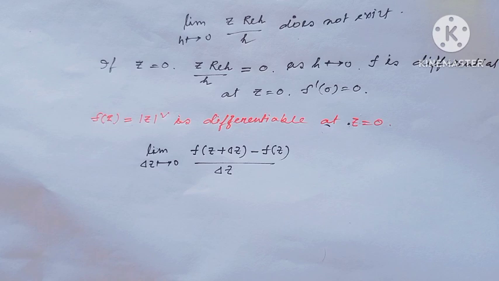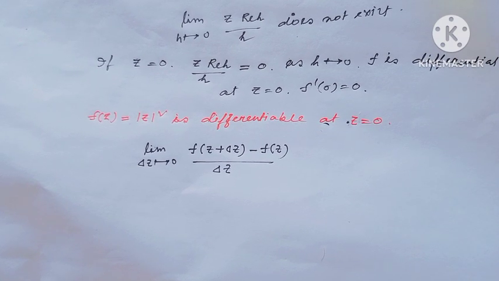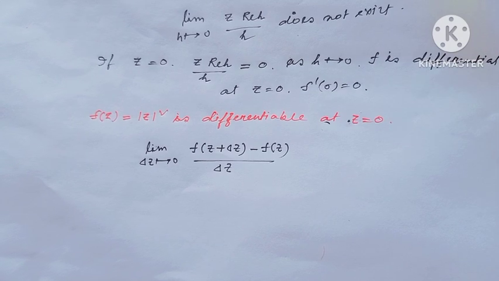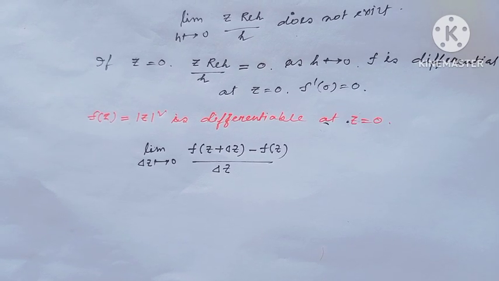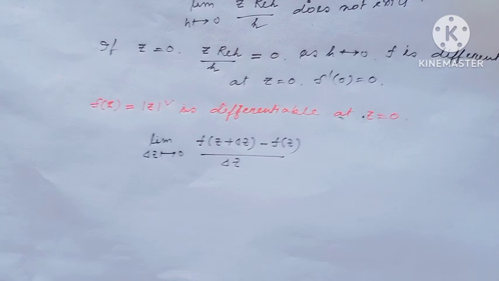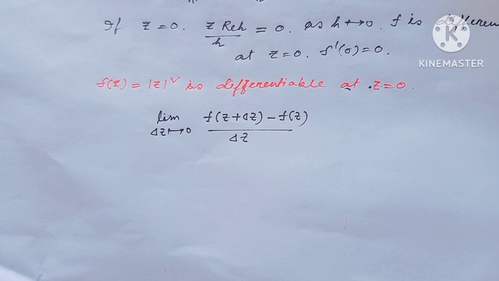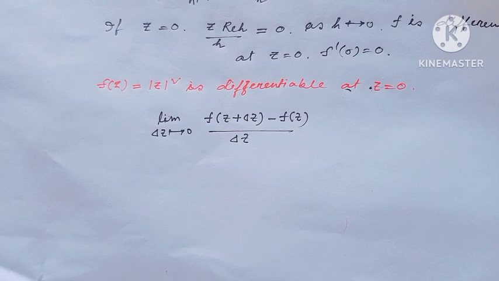Now I will see f(z) equal to |z| squared. Similar to before, this is differentiable only when z equal to 0. Here h means obviously a small increment, so consider h as delta z.